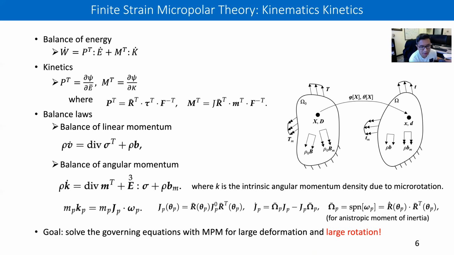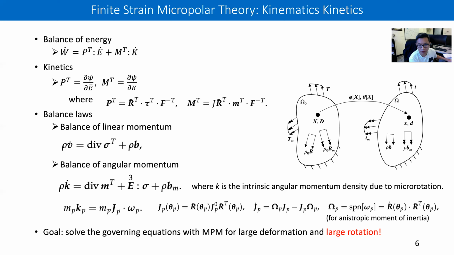One thing that is important to remember is that in the balance of linear momentum, the density is a scalar. But in the balance of angular momentum equation, the moment of inertia is a second-order tensor that could, in a sense, represent the inertia that is due to the shape of the microstructure.